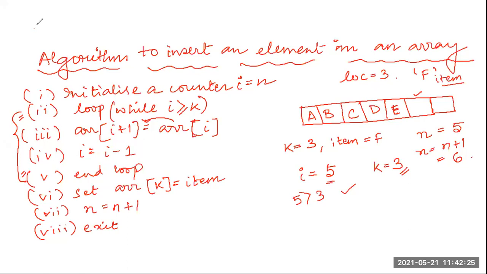Suppose I have a variable n and I give it as 5, this means value 5 is stored inside variable n. So this means the value at array of ith location will be stored in the index of I plus 1. Now you tell me, my I was this, and my I plus 1 is this. So now here at I plus 1, which value will be stored?